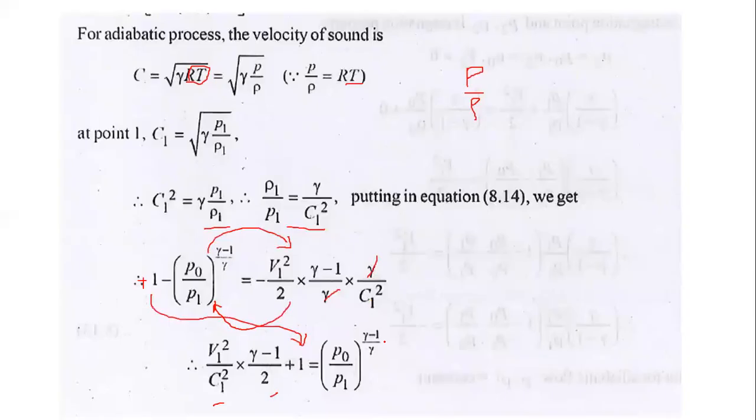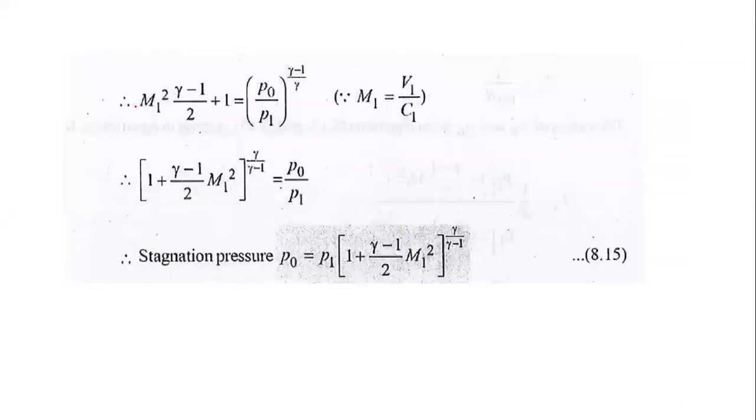Now V1 upon C1 is converted into Mach number. So M1 square into gamma minus 1 upon 2 plus 1 is equal to P naught upon P1 raised to power gamma minus 1 upon gamma. Or say 1 plus gamma minus 1 upon 2 into M1 square raised to power gamma upon gamma minus 1 is equal to P naught upon P1.